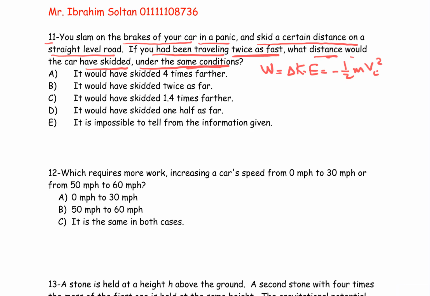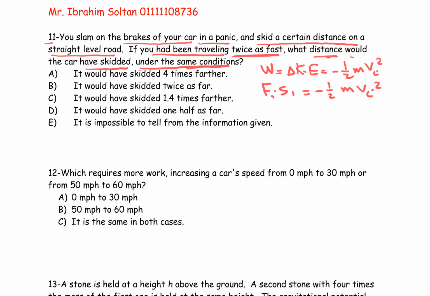This is F1 S1 equals negative half m v initial squared. The negative sign means this is force in the opposite direction, opposite to the motion, that's it.